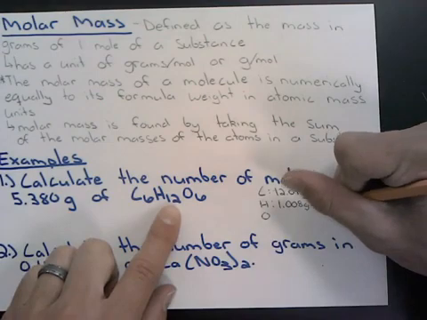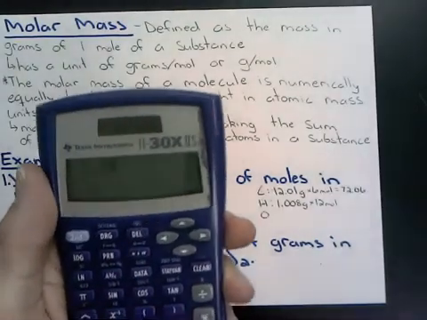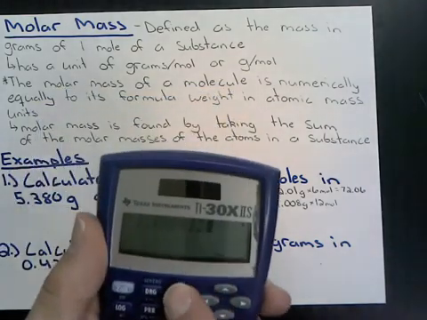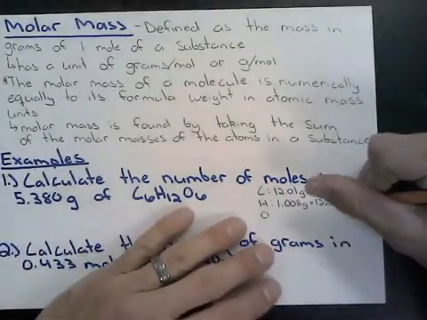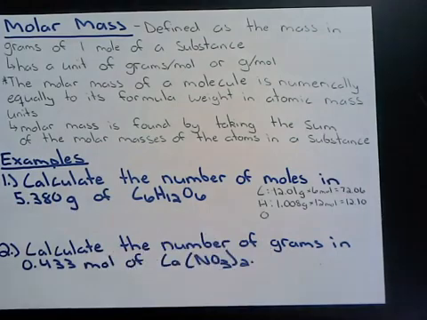So that's 12 moles. In our calculator, we would type in 1.008 times 12, and we would get 12.096, which I'm going to round to 12.10, and that would be grams per mole.